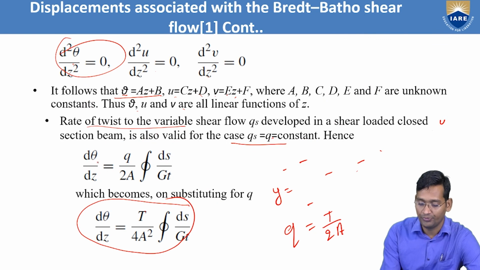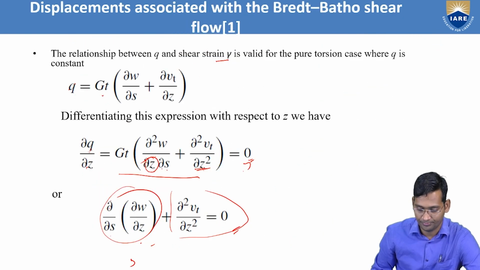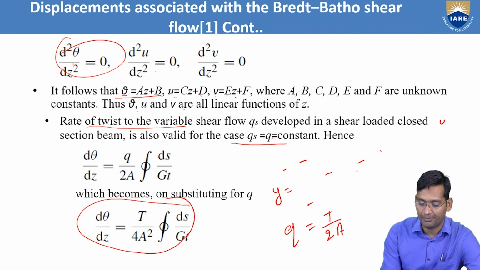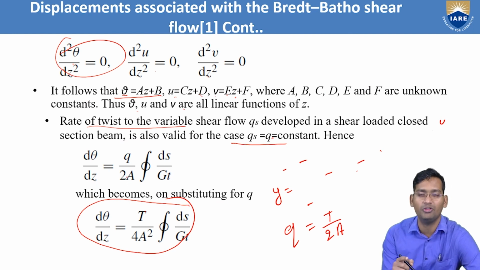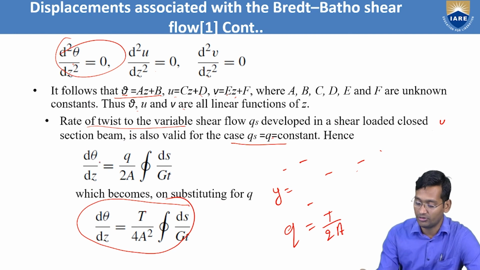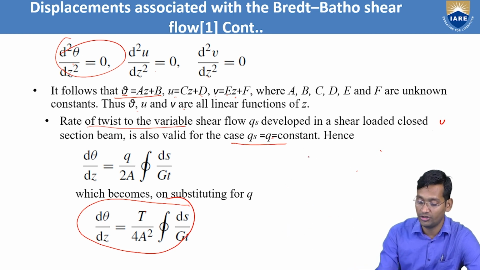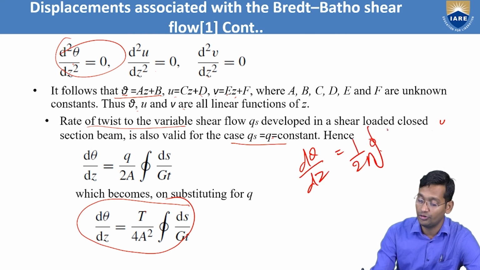Now d theta. From the previous equation we got the rate of twist, d theta by dz equals 1 by 2A closed integral of Qs ds by GT.